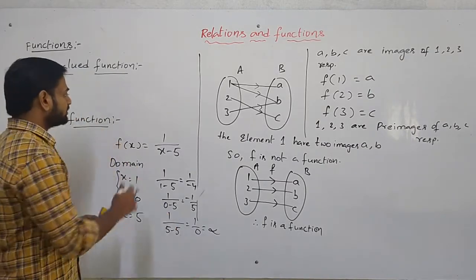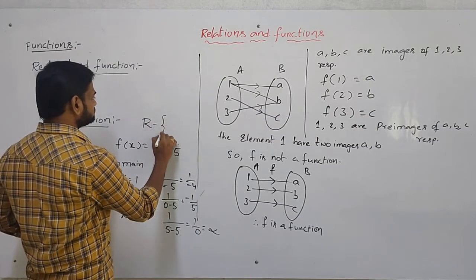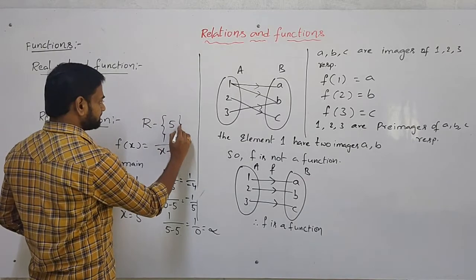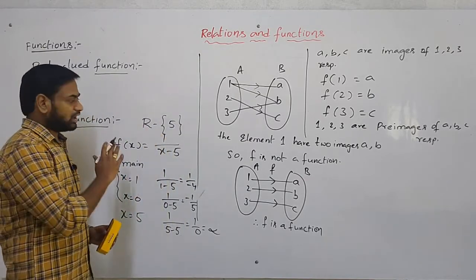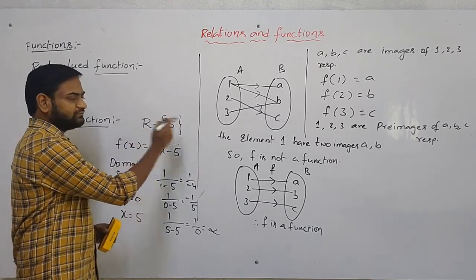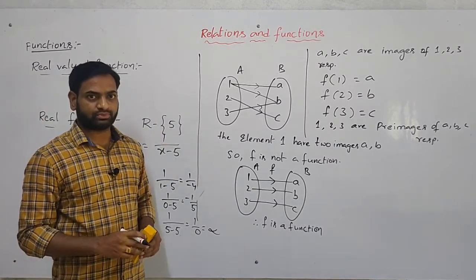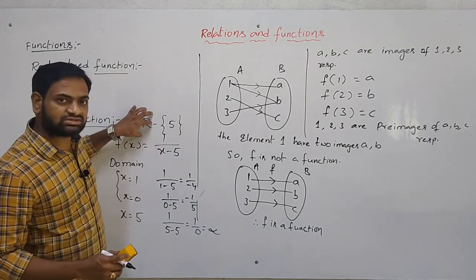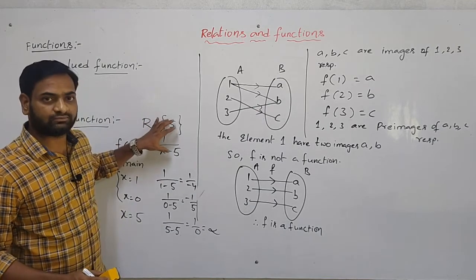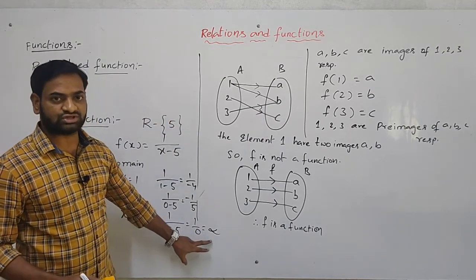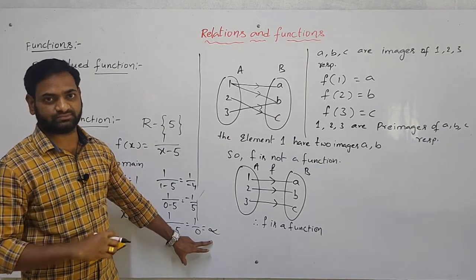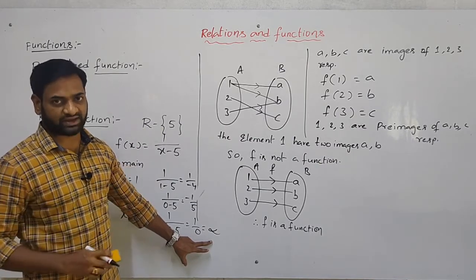That's why from the real numbers we have to delete 5. It is R minus the set {5}. That means from the real numbers I am deleting 5, only one number. So for all the remaining elements the function is defined, except 5. We have to take the values for which it is defined.